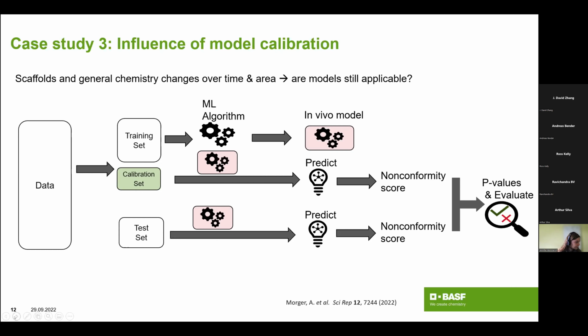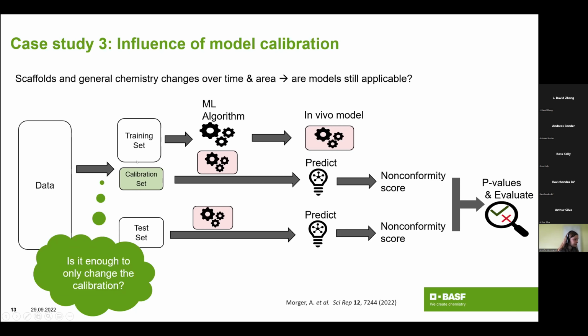So the idea was, if this calibration data set is what helps us to tweak our model towards predicting the minority class better, is it enough to only change the calibration data set over time? That means we just need to measure, I don't know, once a year, a few compounds, exchange this calibration data set, and then we can use our model trained on the original data set on our novel compounds.